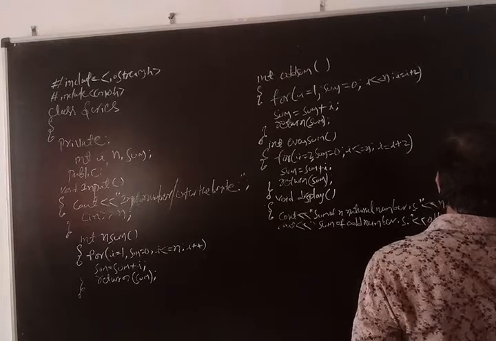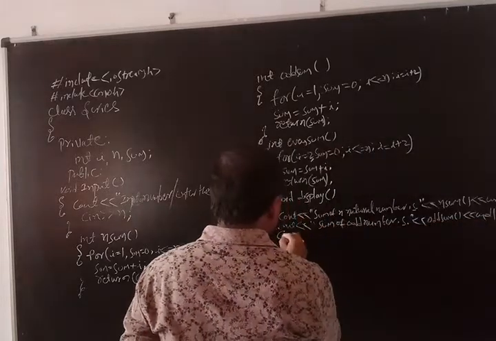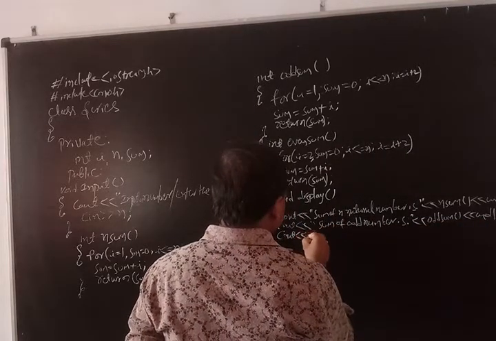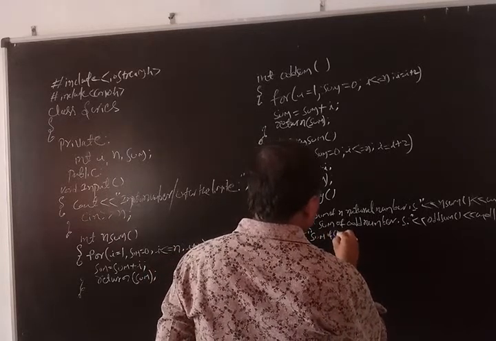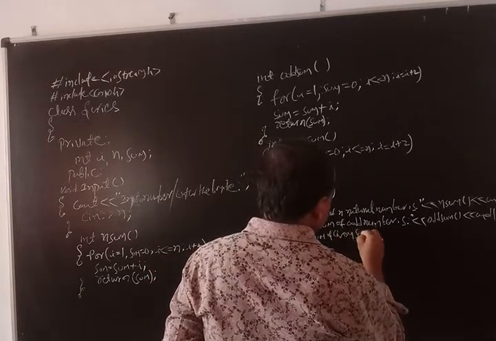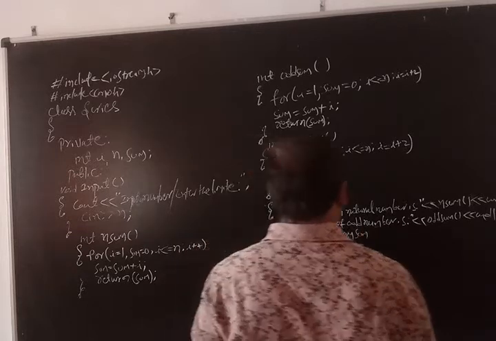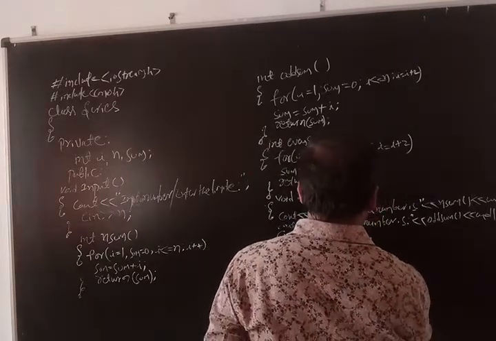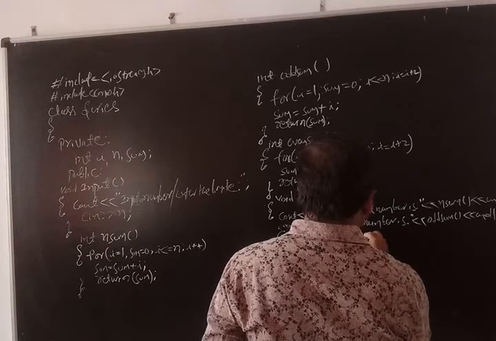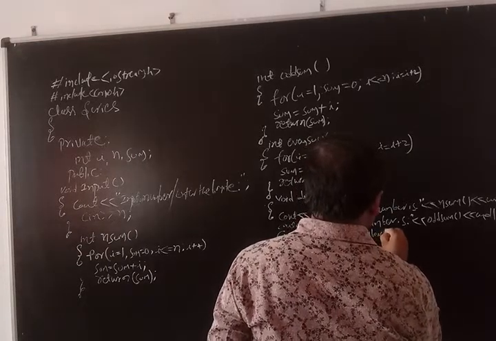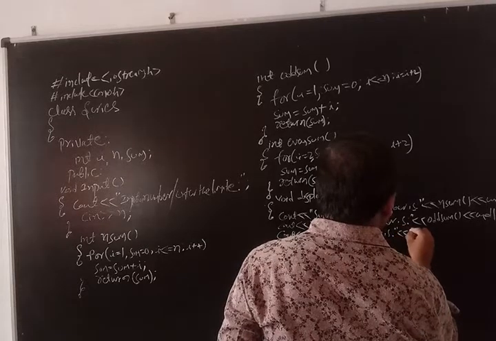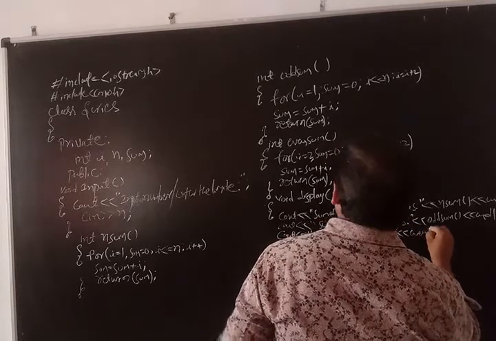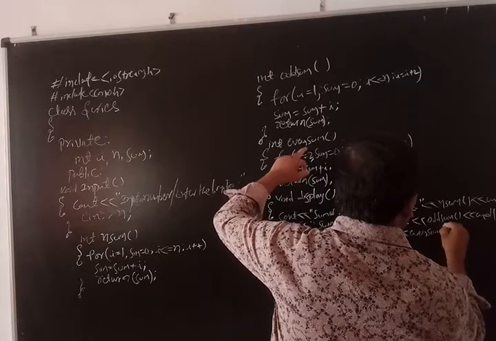And then one more statement, cout "sum of even number is", from the even sum function.